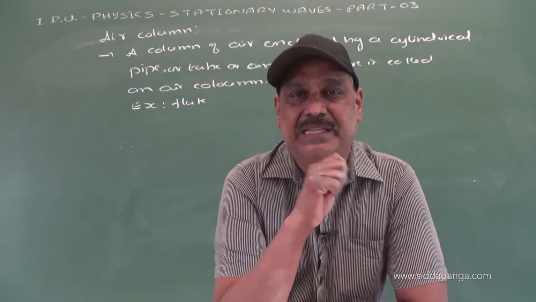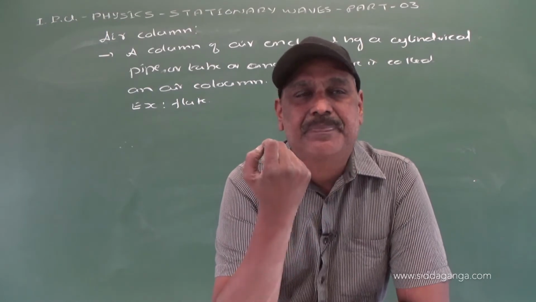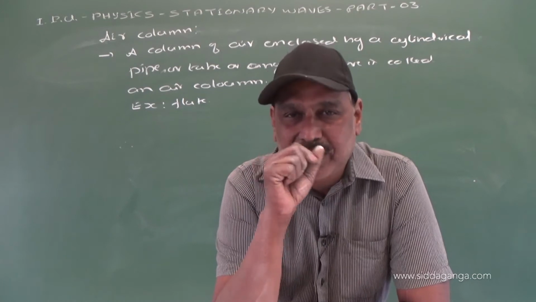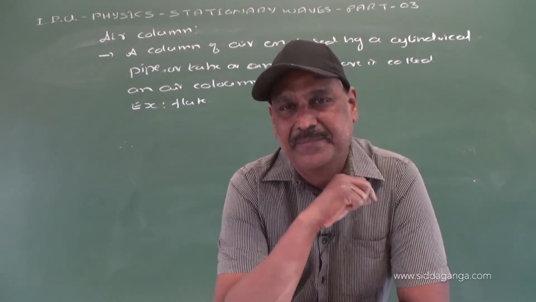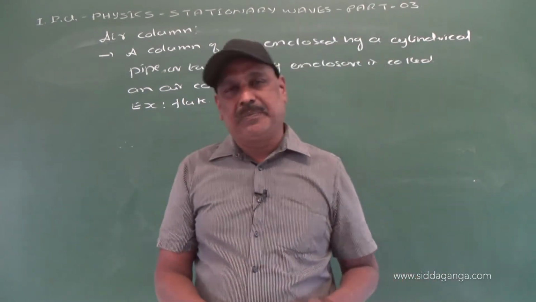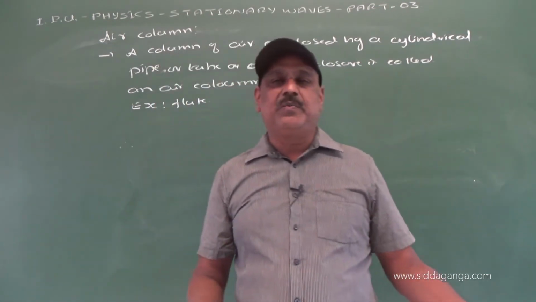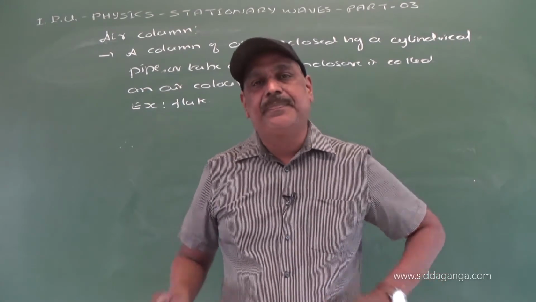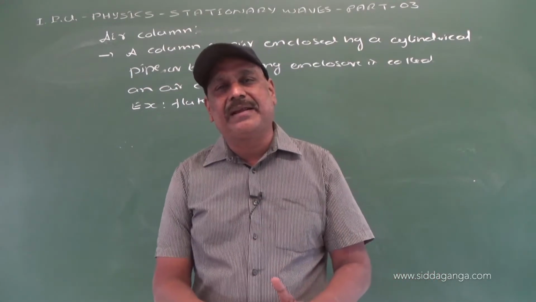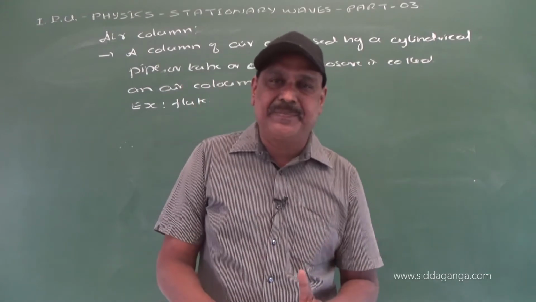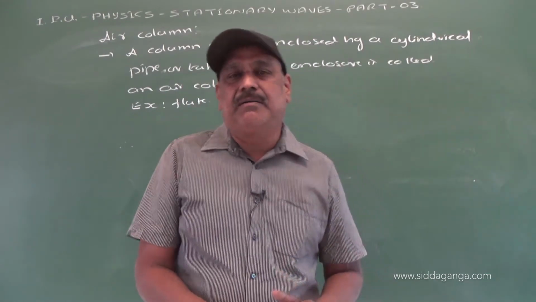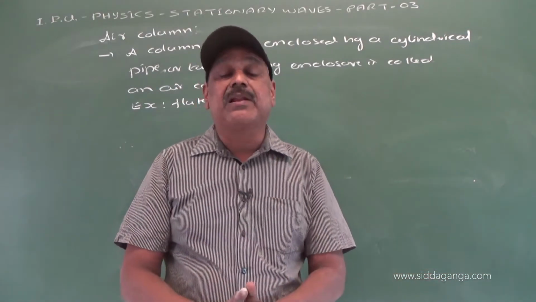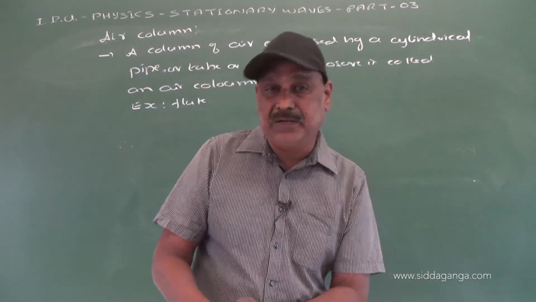So when somebody produces a whistle in his mouth, the mouth also acts as an air column. These instruments like flute, shahanai, trumpet, etc. are called wind instruments. Here the vibration is not of the entire air, only of the air enclosed inside the cylindrical tube.